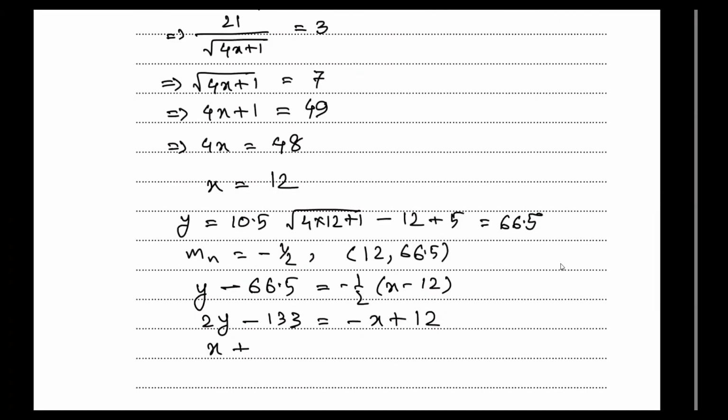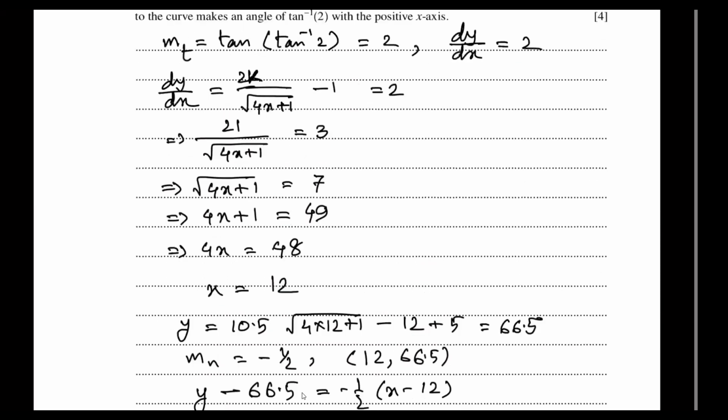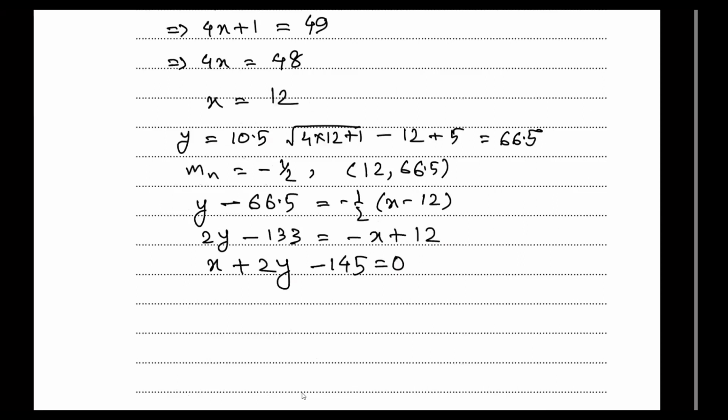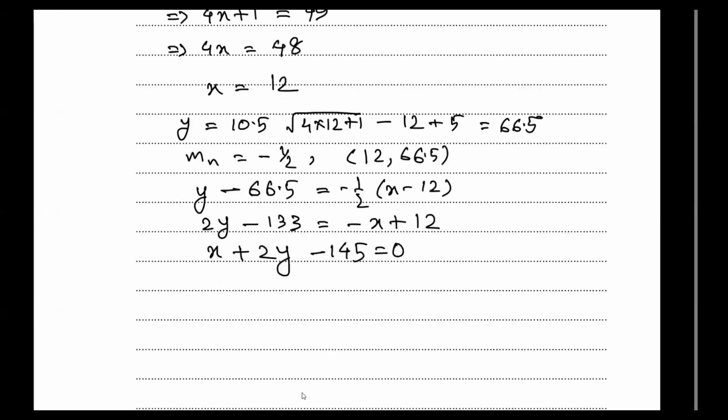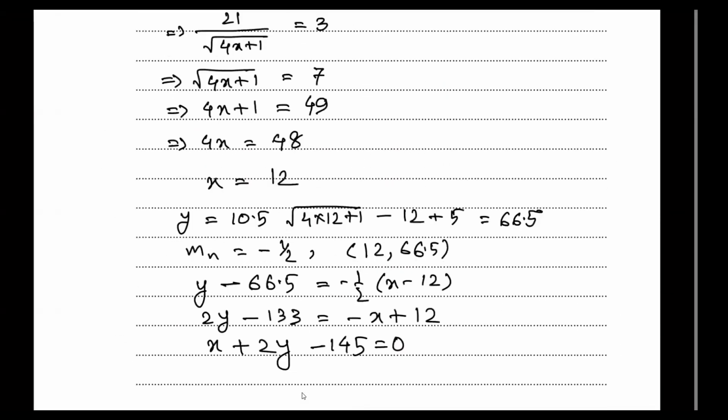So the equation becomes x plus 2y minus 145 equals 0. That's the equation of the normal at the point where the tangent makes an angle of tan inverse 2 with the positive x-axis. That's the 11th question, and that is the end of this paper. Thank you.